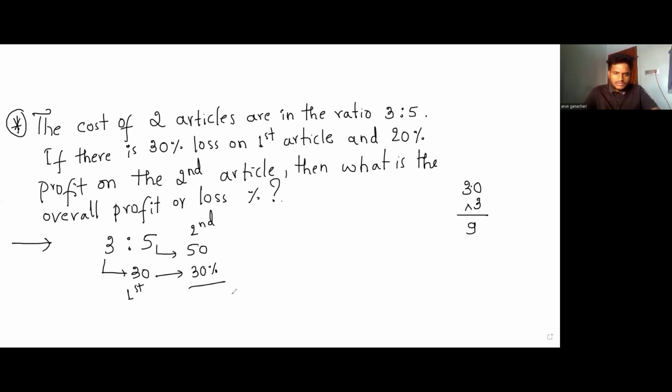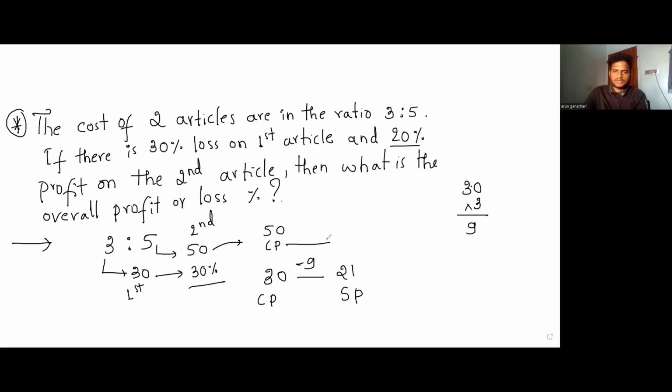Yes. So if CP was 30, 9 rupees loss, 21 would have been SP. Getting this? If 30 was CP, we have to subtract 9, then 21 will be your SP. How about the second article here? If 50 is the cost price and they are telling 20% profit on the second article.